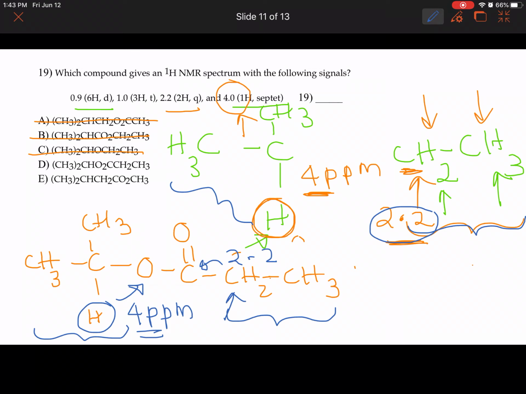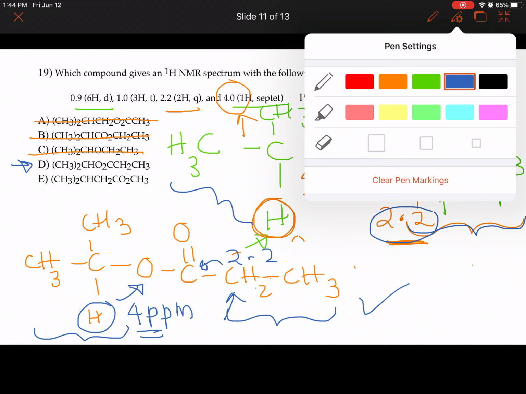So the electron withdrawing ability of oxygen is more compared to carbon. So the hydrogen closer to the oxygen would have a higher chemical shift compared to the hydrogen closer to the carbonyl group, 2.2. Which makes sense. So molecule D would be the correct answer for that.